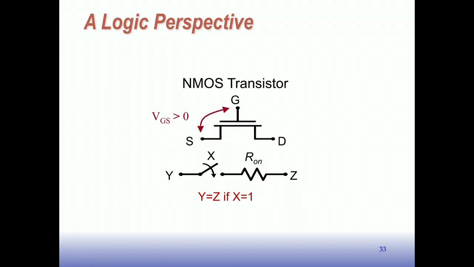We can say if x is equal to 1, then y is equal to z. It's kind of the logic associated with closing the switch. So forget about the currents for a minute. We just think about making connections. So if x is a 1, the switch is closed. We have connection between source and drain, so y equals z.